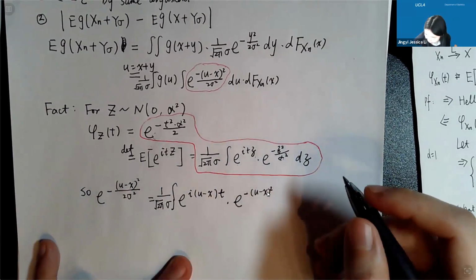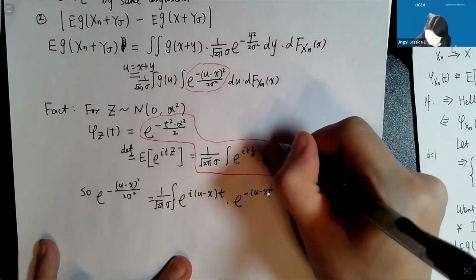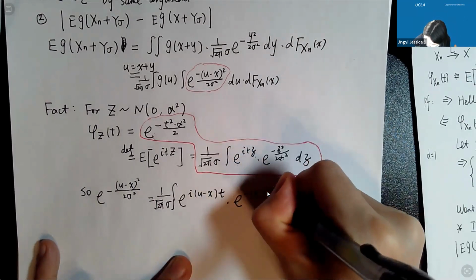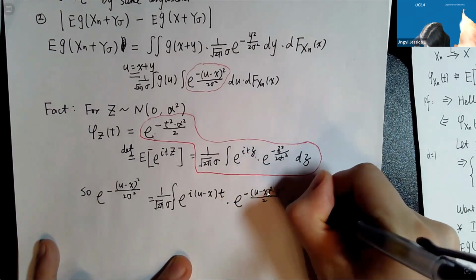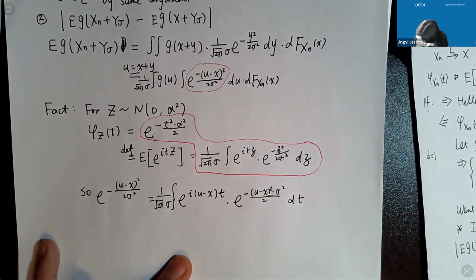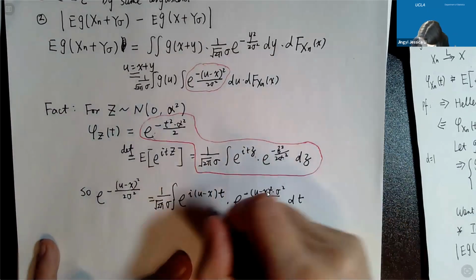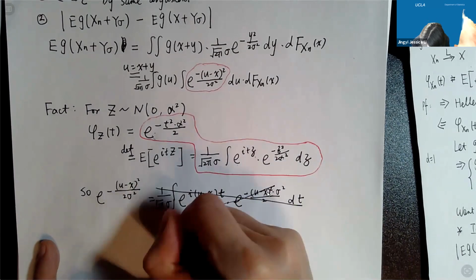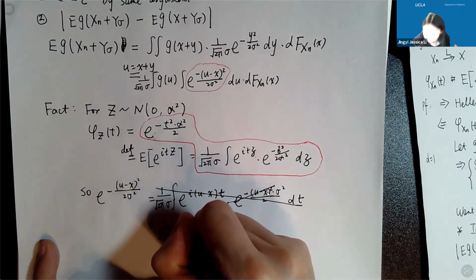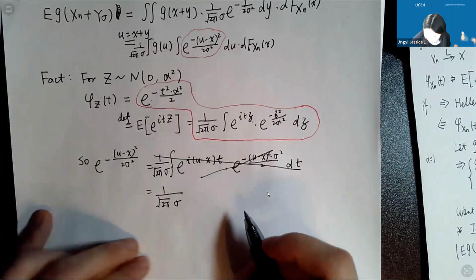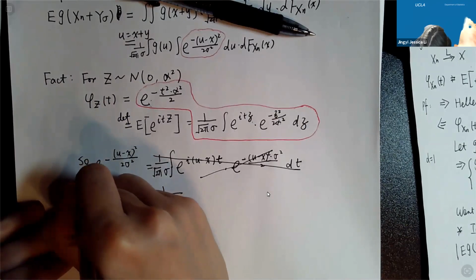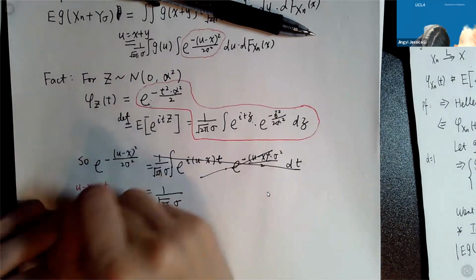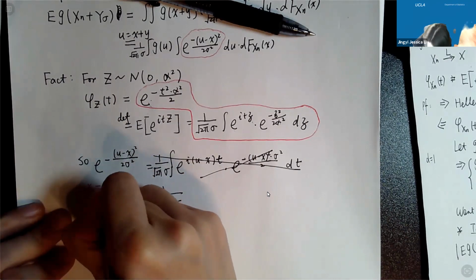I think I missed one thing, sorry, my bad. Cross this part out, I'll start from the beginning. 2 pi sigma. Let me write the analogy out so that you'll be on the same page with me: u minus x is the t, and sigma is 1 over alpha.